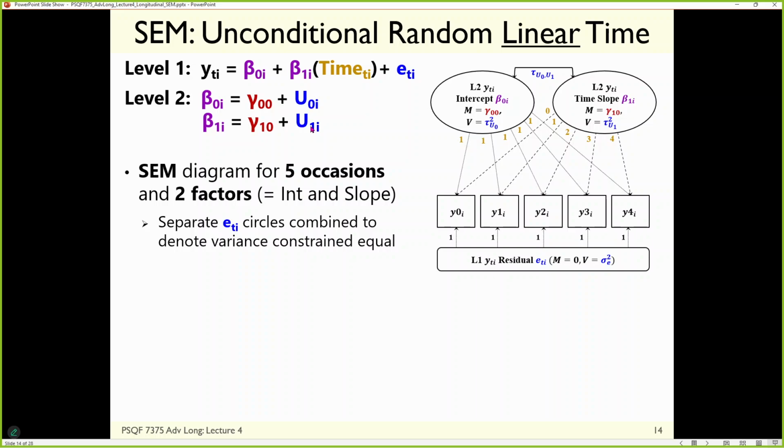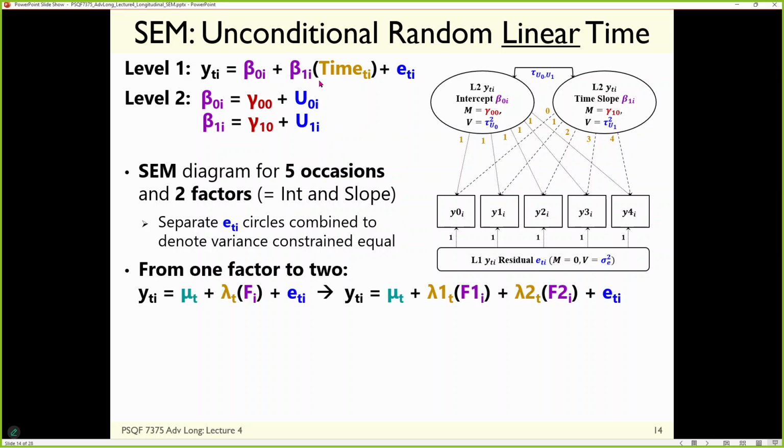The variance of each of these is the corresponding random effect variance. Now we write it like this, where the latent variable, beta 1, comes first, and the observed variable comes second. Note that I have time in orange here because it matches the orange. Time is implemented by constraints on factor loadings.